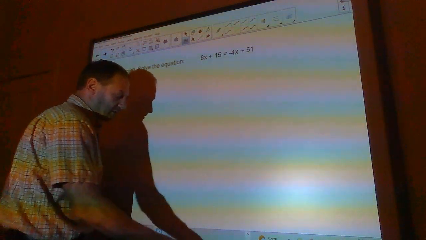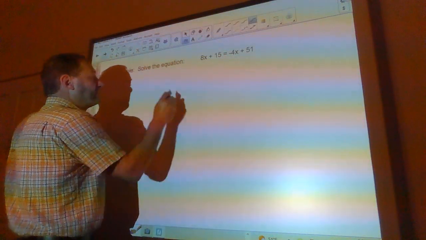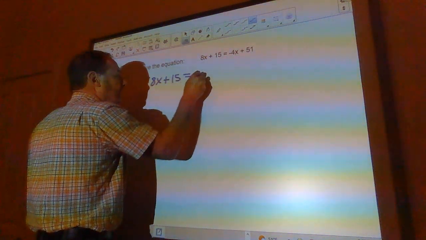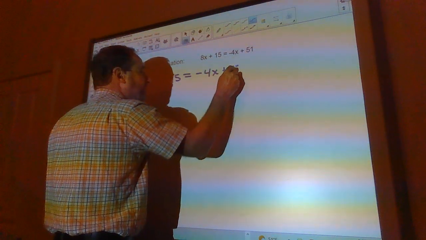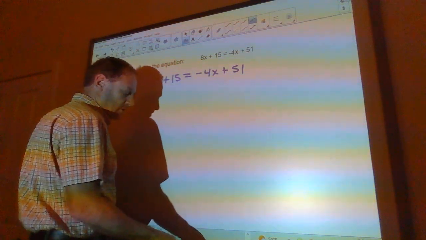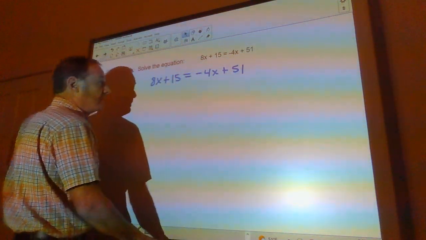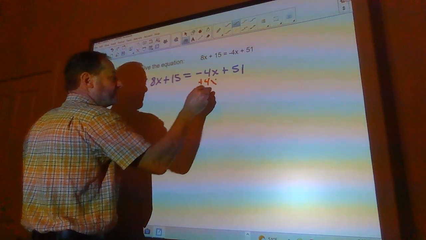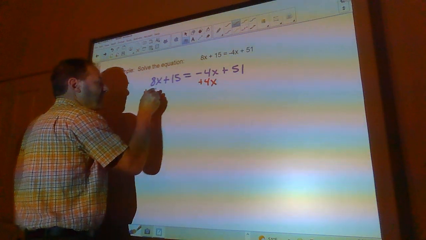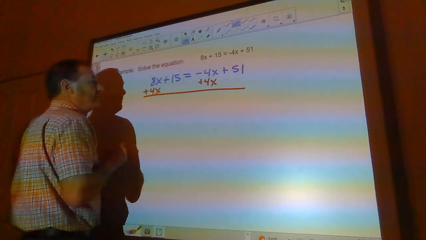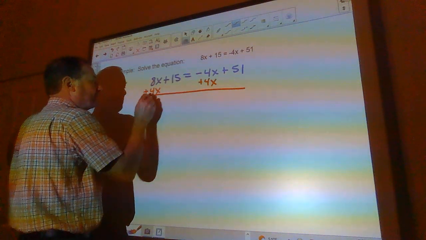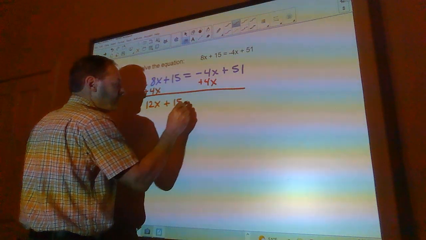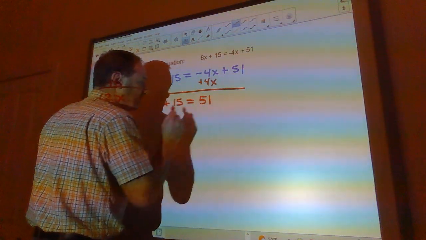Okay, what about this one here? We've got 8x plus 15 equals negative 4x plus 51. I'm going to move my 4x over here. I like to keep things positive, so we'll add 4x to both sides. That makes this go away. It gives me 12x plus 15 is equal to 51.